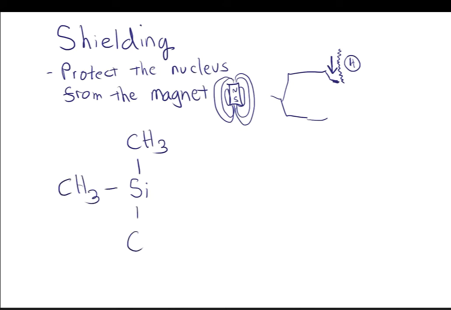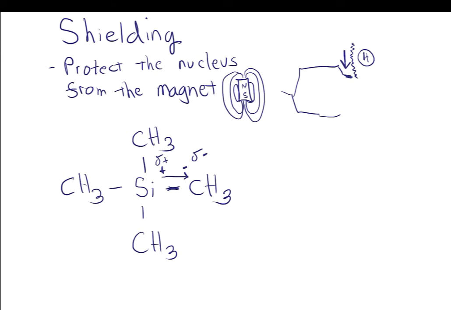So shielding and de-shielding, you can talk about it relative to other protons in the molecule, and also relative to functional groups. Tetramethylsilane, the reference material, is very well shielded compared to other organic compounds, and so that's why that part per million value was set to 0. Most things will be de-shielded, and they'll have part per million values that are positive values from 0.